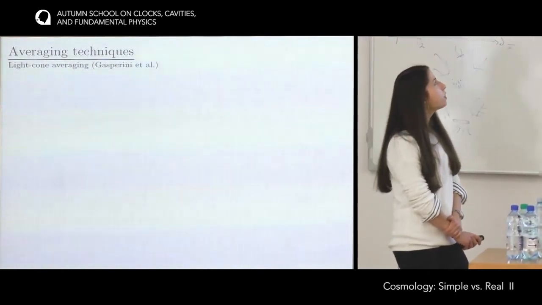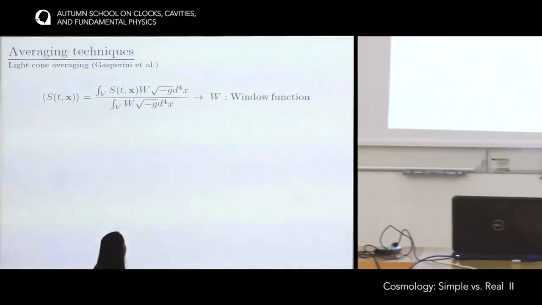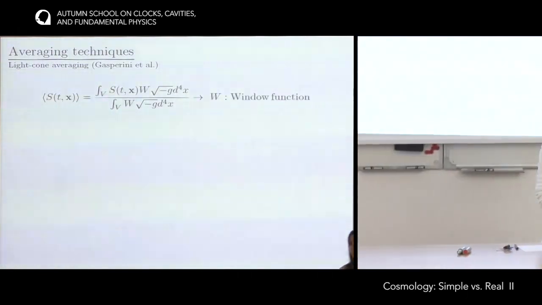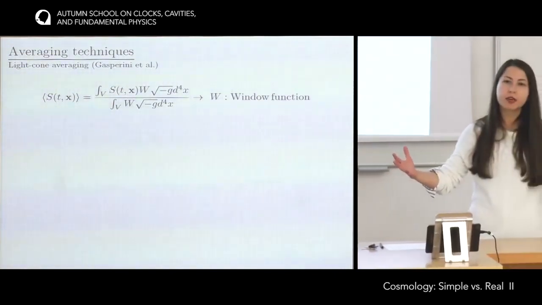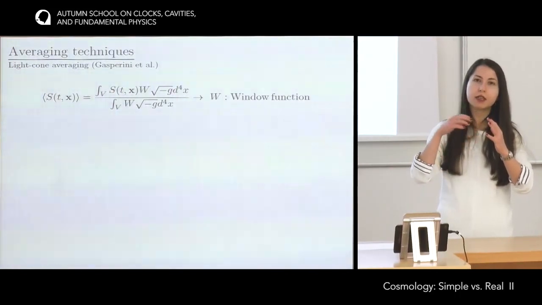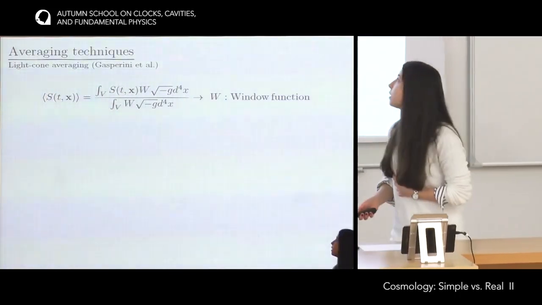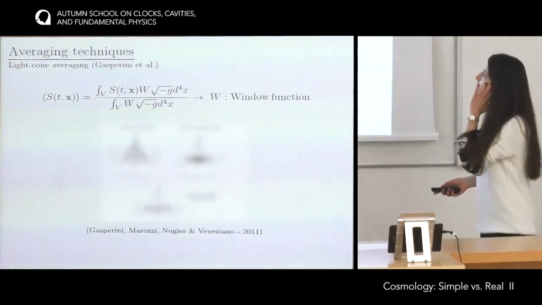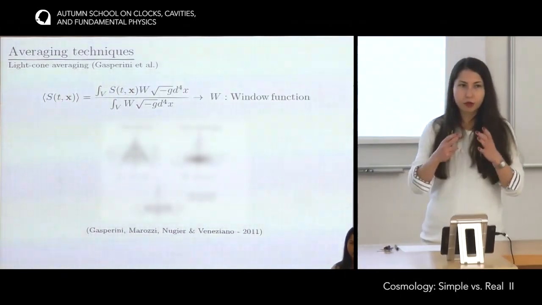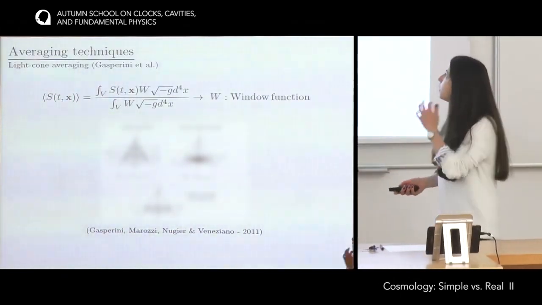Okay, the other approach is the light cone averaging of Gasperini's team. So here they introduce a window function. Let's say you have the generic space-time. By introducing a window function, you can select in which domain you will do the averaging. So here you can have a truncated light cone. You look back in time, and this is the most relevant one for the observations, I would say.